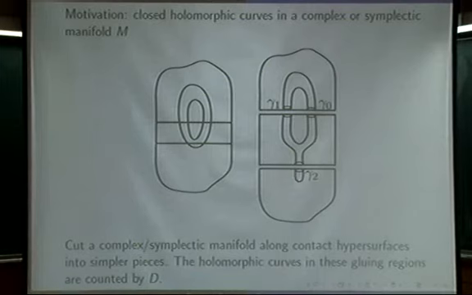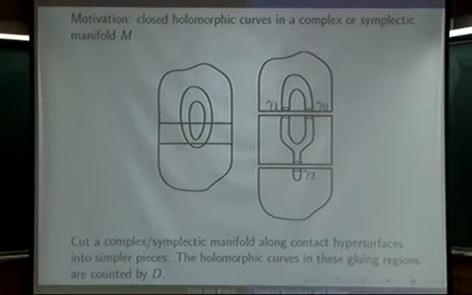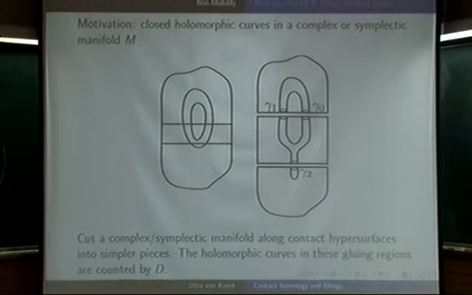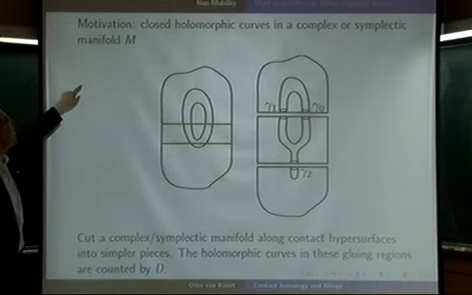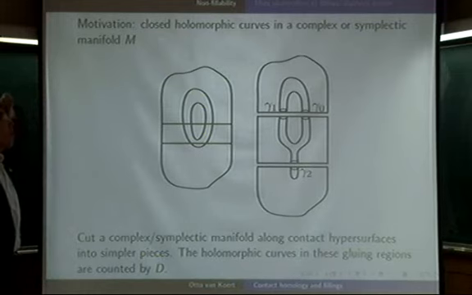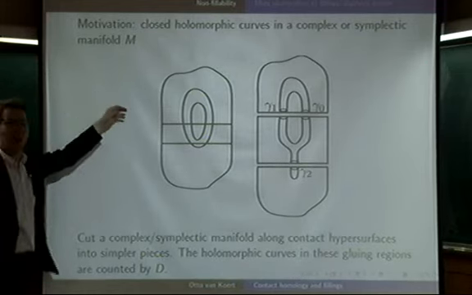Now the motivation for this SFT stuff comes from the following. This is a kind of dream of Eliashberg, and I don't want to try to prove this because this is impossibly hard. The idea is, let's try to count the number of holomorphic curves in a complex or symplectic manifold. That's in general very hard.